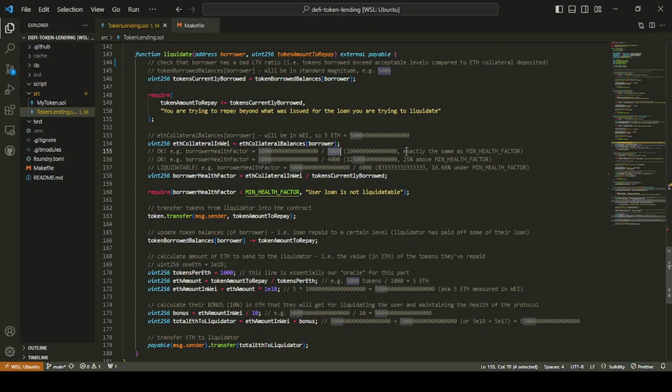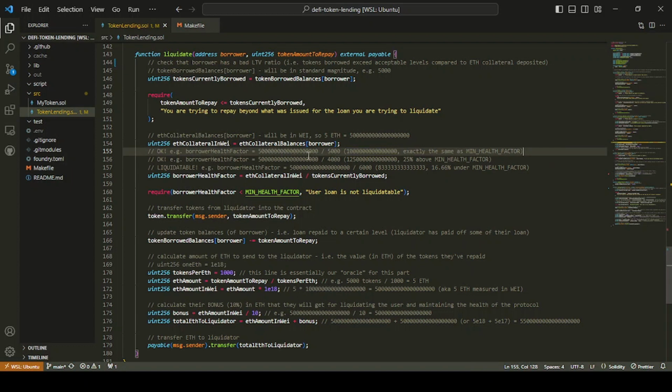I might refactor it at some stage, but essentially we're saying 5 ETH, or 5 with 18 zeros after, divided by 5 with 3 zeros after, which is the amount of tokens they borrowed, is a health factor of 1. So they're living dangerously there.